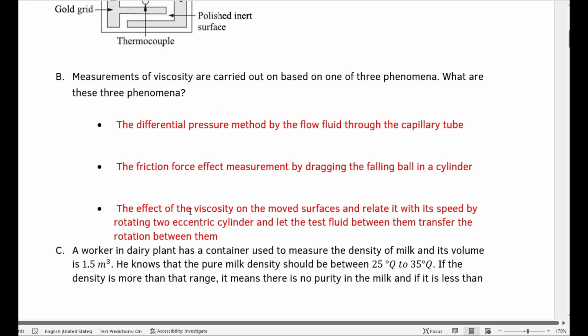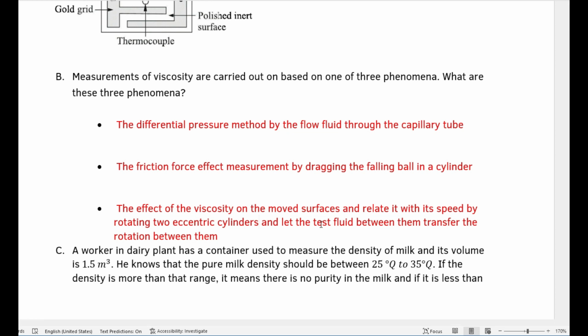Also the famous method, the rotation of eccentric cylinders, two cylinders, one of them in the center of the other, and the liquid is filled between the surfaces of these two cylinders, and the tested fluid will transmit the speed or rotation between them, and depending on the level of viscosity, the speed of transferring will be more.